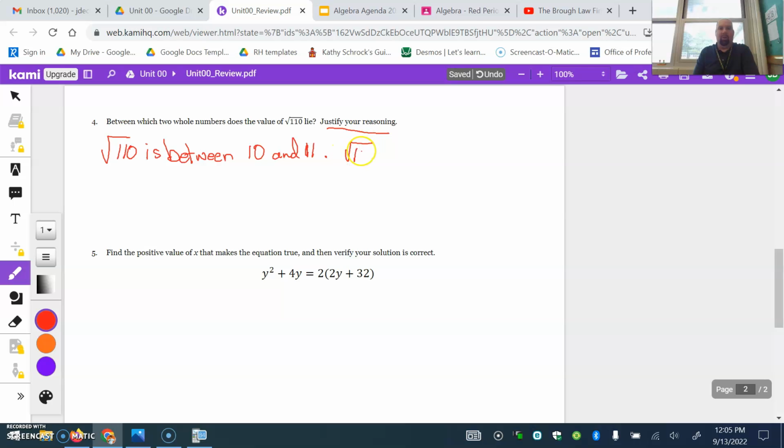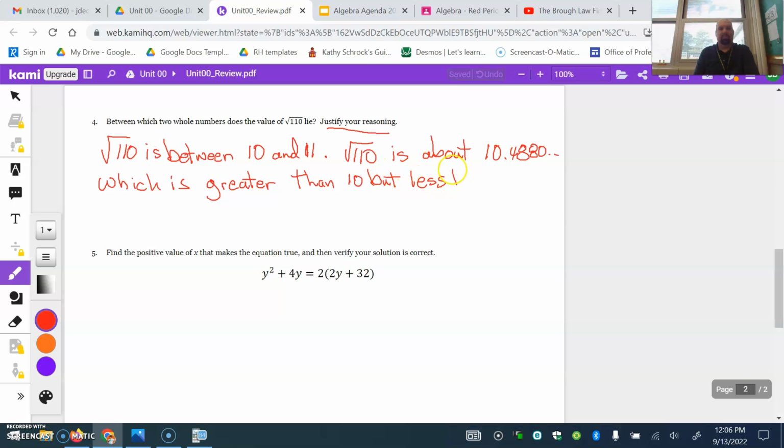The square root of 110 is about 10.4880, and it just keeps on going, which is greater than 10, but less than 11. And you can stop there if you like.